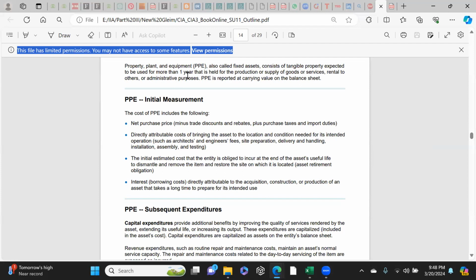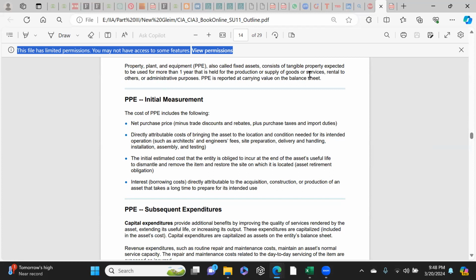So property, plant and equipment, also called the fixed assets, consists of tangible property expected to be used for more than 1 year that is held for the production or supply of goods and services.